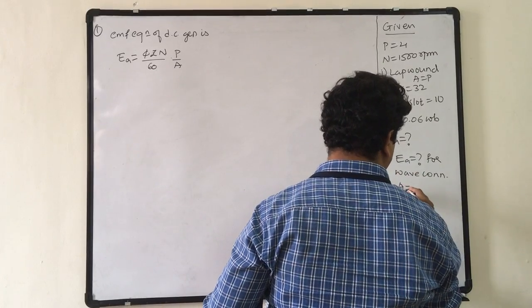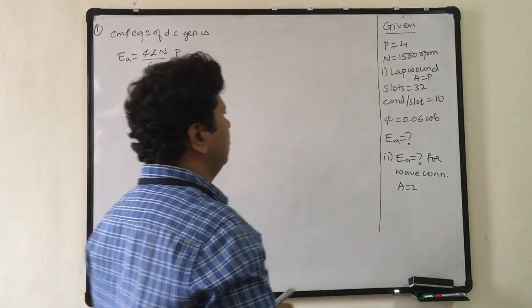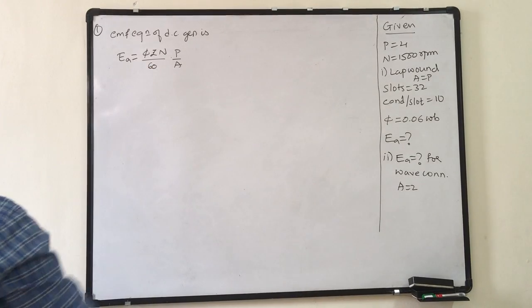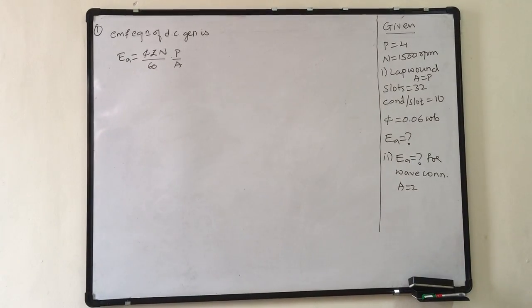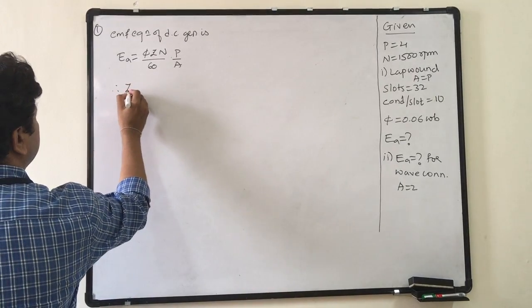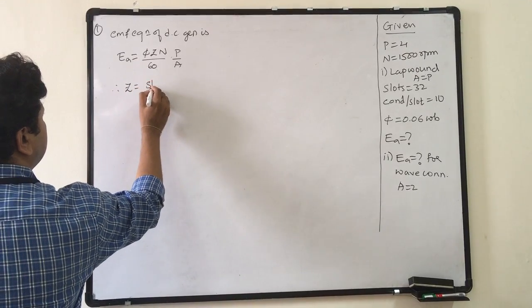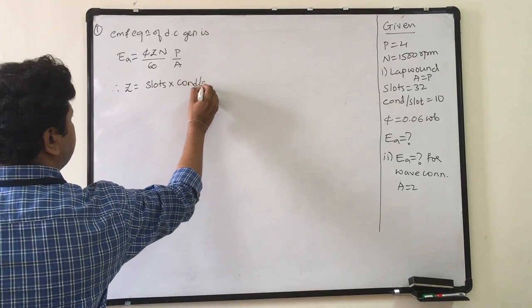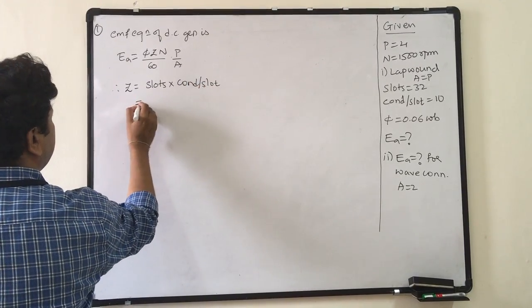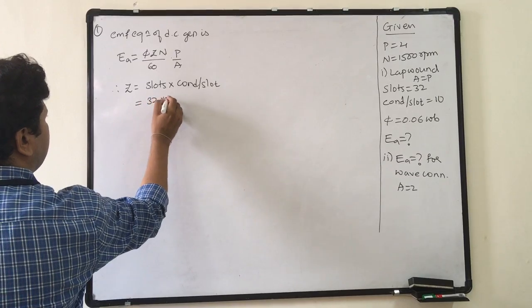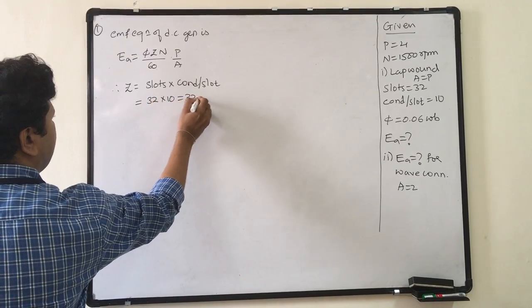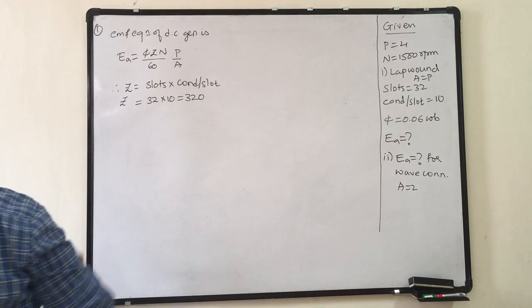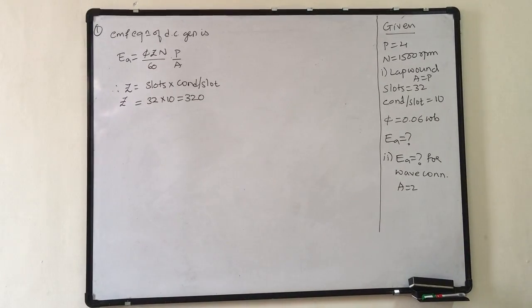Conductors are not mentioned directly, so I have number of slots and number of conductors per slot. Therefore Z is number of slots multiplied by conductors per slot, that is 32 multiplied by 10, I get 320. So number of conductors are 320.